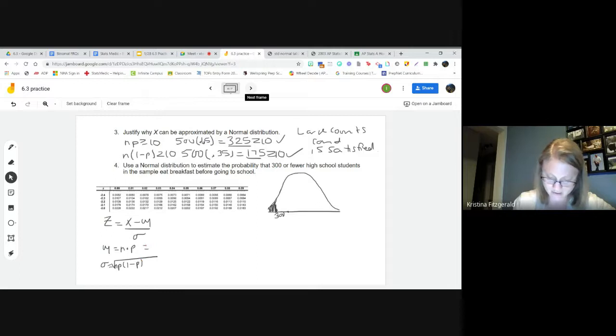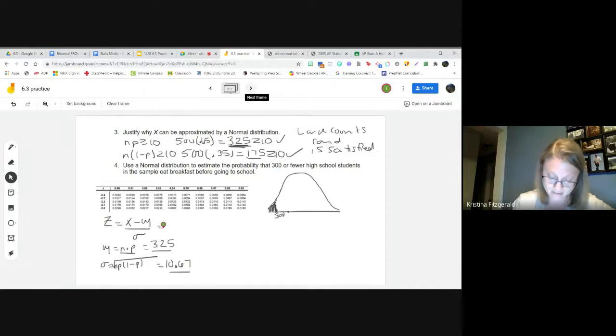I already found n times p, so 325. And then we do the other one, our standard deviation, which is going to be 10.67 if I round.